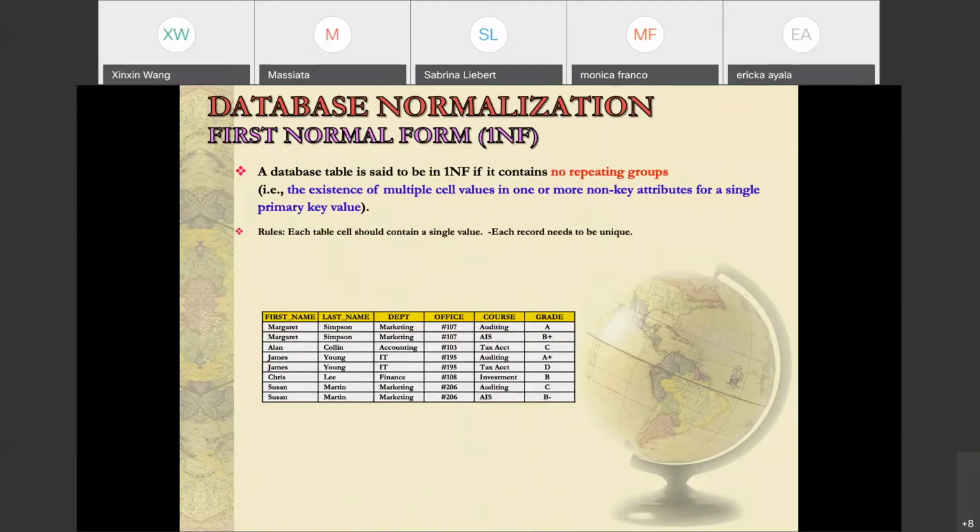A relation is in first normal form if and only if the domain of each attribute contains only individual values, and the value of each attribute contains only a single value from that domain, right? So which means there are no repeating groups. The rules are each table cell should contain a single value and each record needs to be unique.